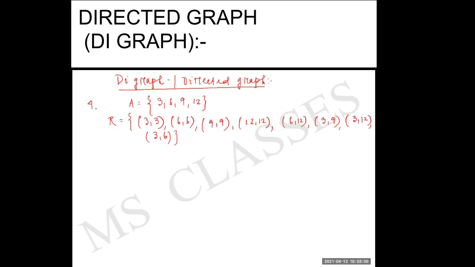What we do: here 3, here 6, here 9, here 12. At first, you write these four elements, or five, six elements, whatever is given to you, children. At first, you arrange them geometrically, in a proper geometrical way. You can do it randomly also, but if you do it geometrically, it will be easy to understand.